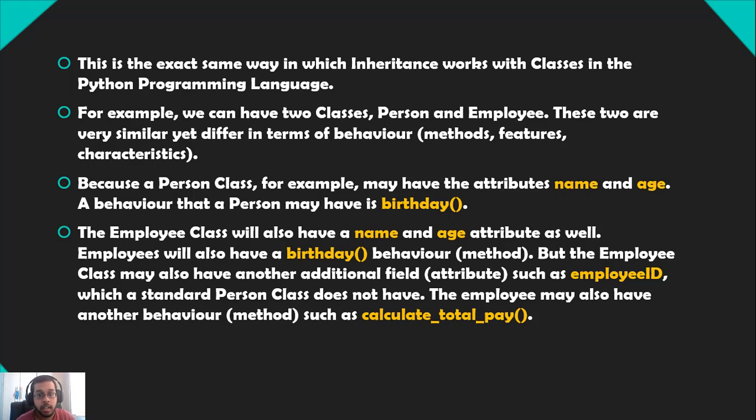The employee class will also have a name and age attribute as well. Employees will also have a birthday behavior method, but the employee class may also have another additional field attribute such as employee ID, which a standard person class does not have. The employee may also have another behavior method such as calculate total pay.